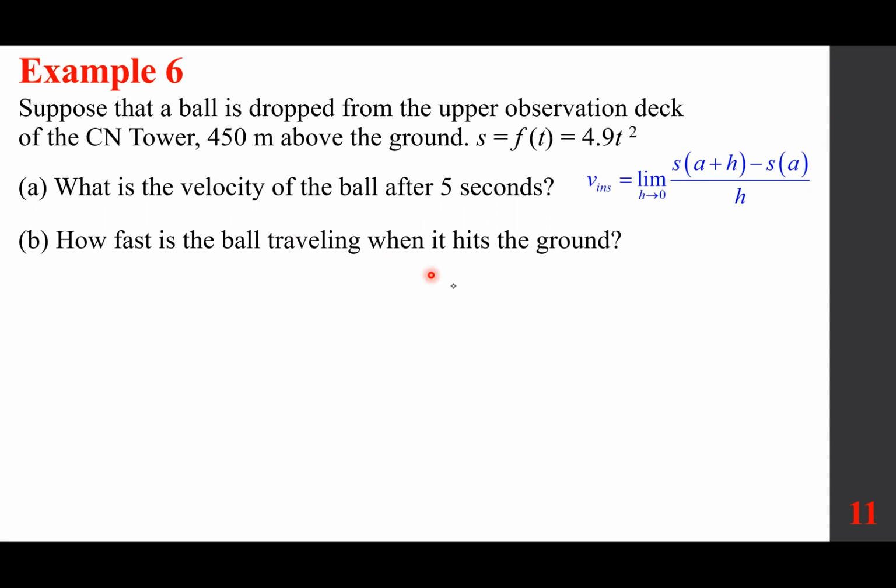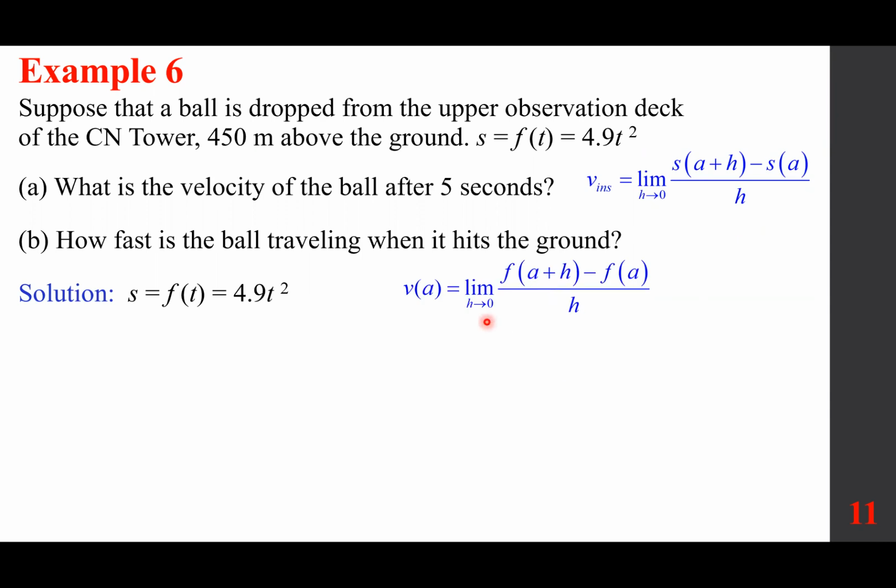Also, what if the question was, what is the velocity after 5, after 10, after 20, after 30 seconds? Then you don't want to keep on evaluating it. So you want to evaluate it in general as a function of x or a. So let's stick with a and do the math. Here's the function, and here's the a, and we're going to keep it at a.